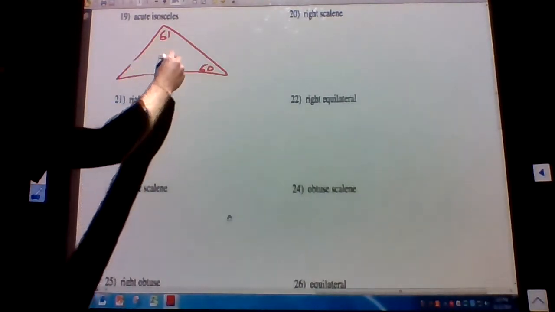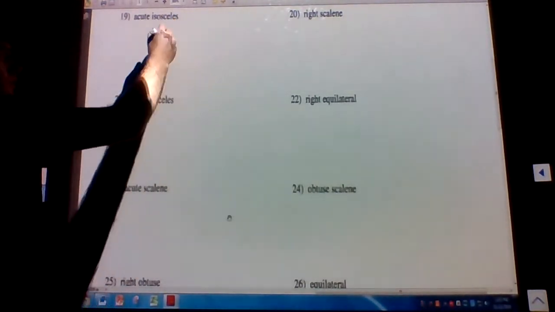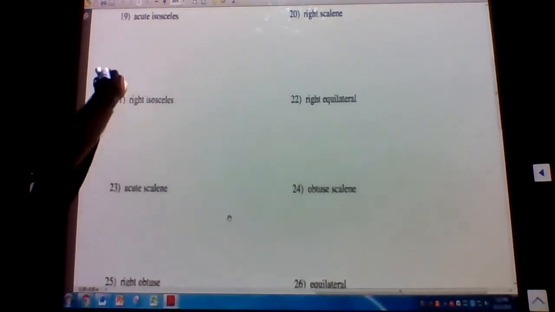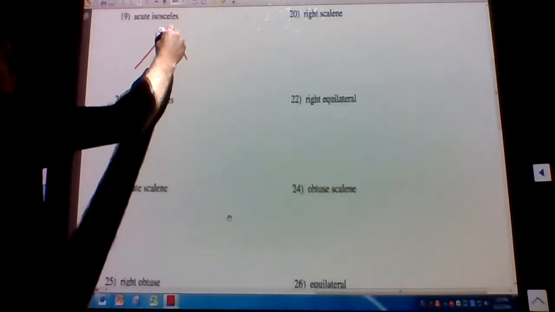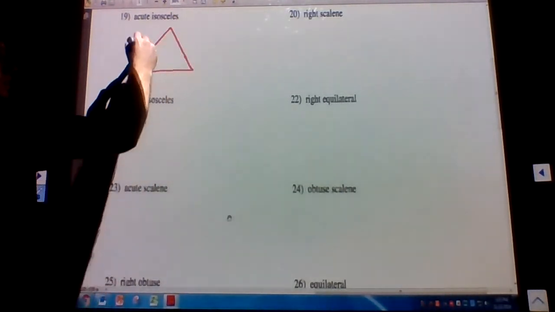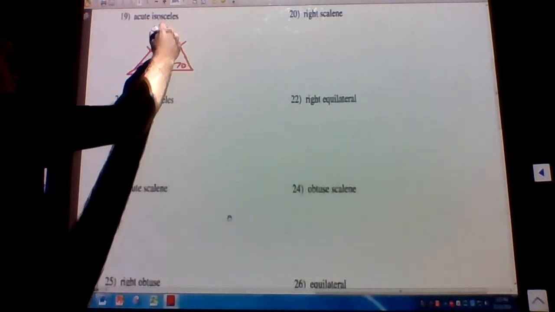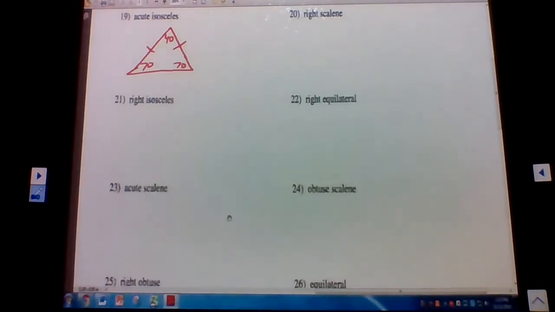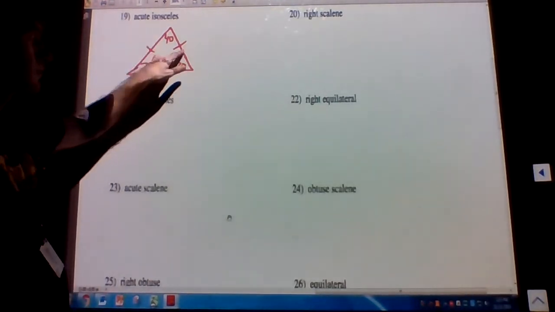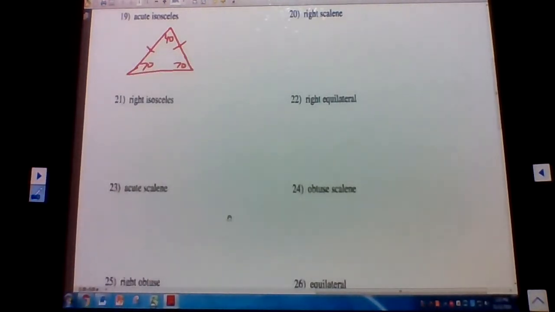Oops, I'm sorry. Acute is angles, isosceles is sides. So since it's isosceles, we have to have two sides that are the same. And then maybe 70, 70, and 40. All three angles are less than 90, so it's acute. It's isosceles because we have two sides that are the same.